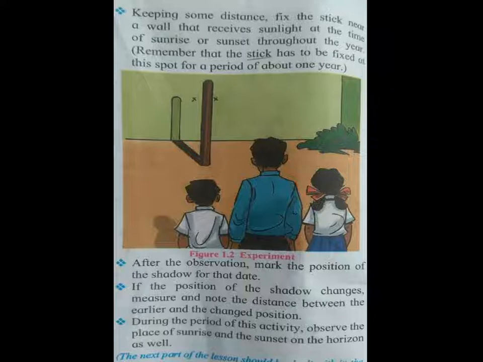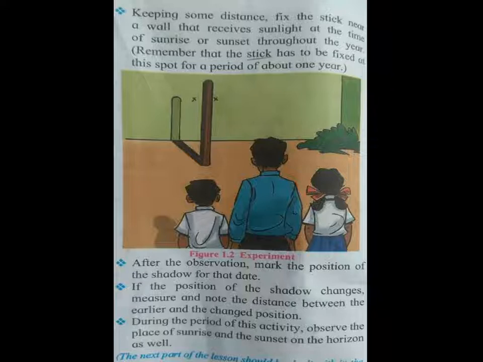And remember, students, the stick has to be fixed at this spot for a period of about 1 year. It should not move. Observe the whole year, and after observation, mark the position of the shadow for that day.